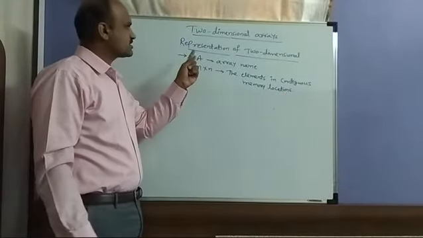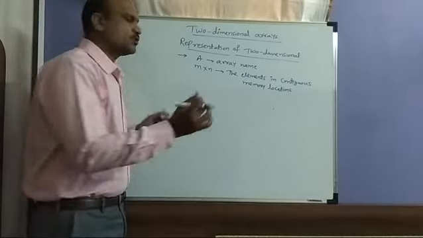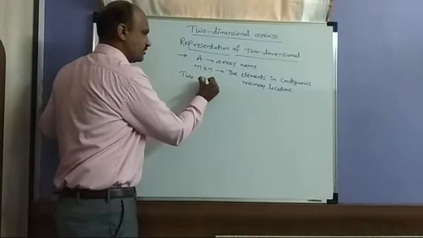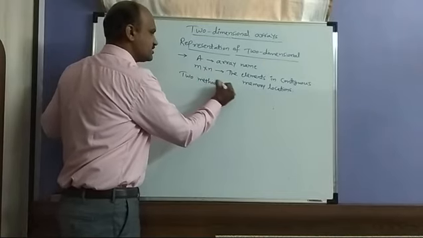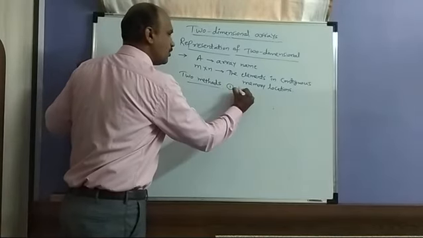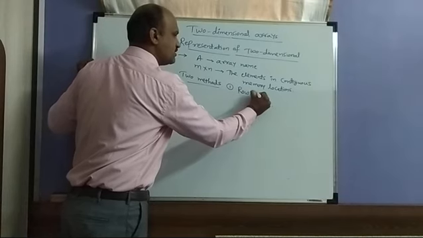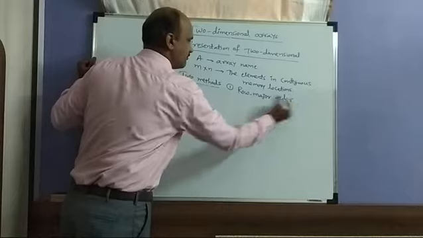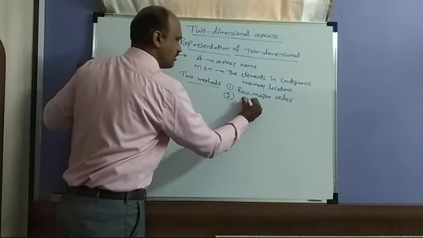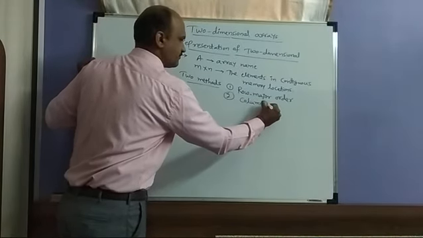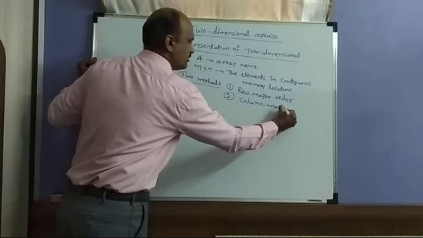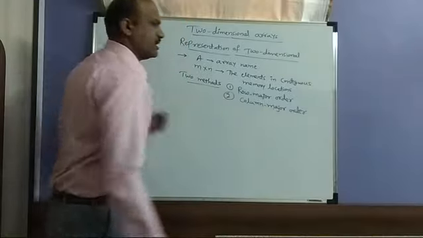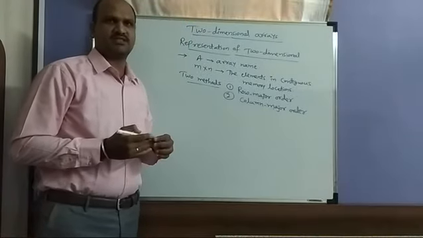When you go for this representation, there are two methods you have to represent. One is row major order, and the second one is column major order, meaning row wise representation and column wise representation.